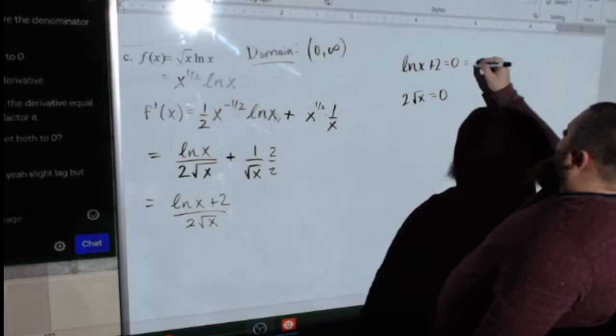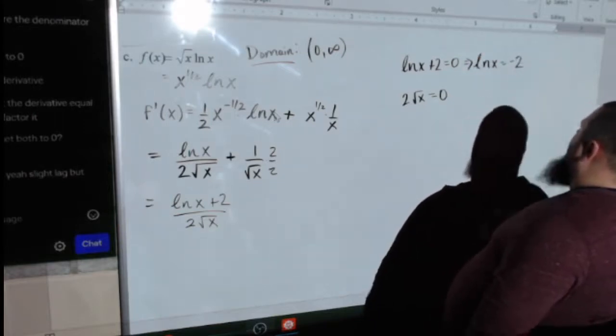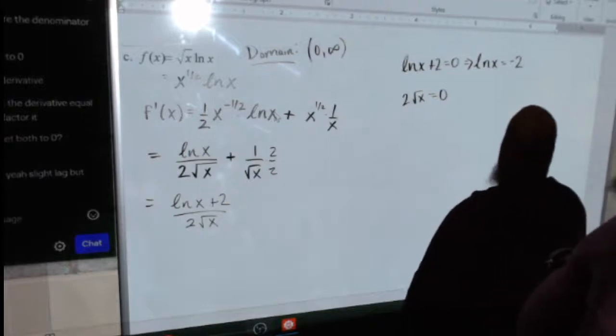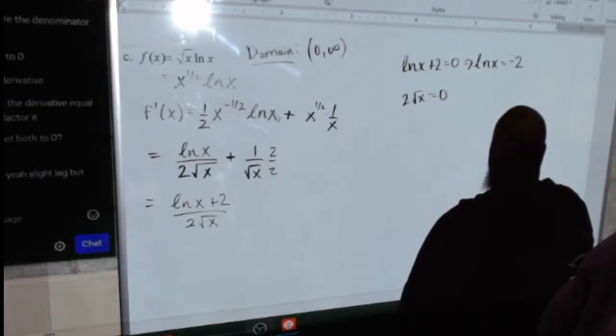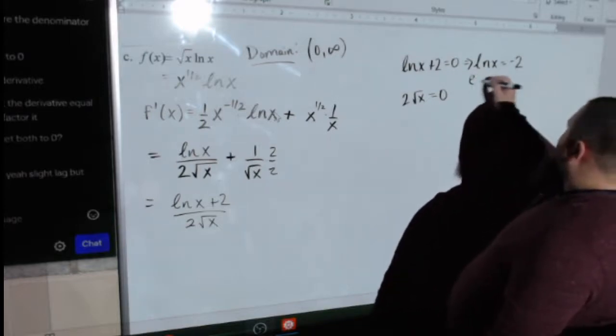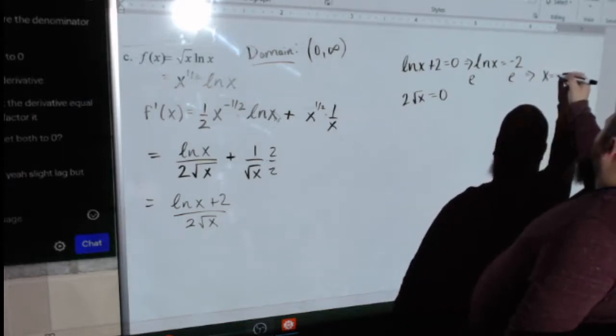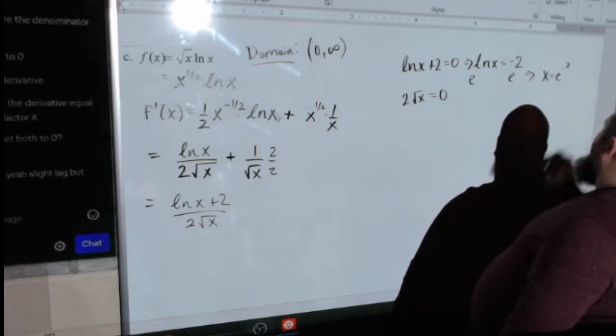Well, this one right here gives me natural log of x equal to -2. Take e of both sides, and so we get x equal e to the minus 2.